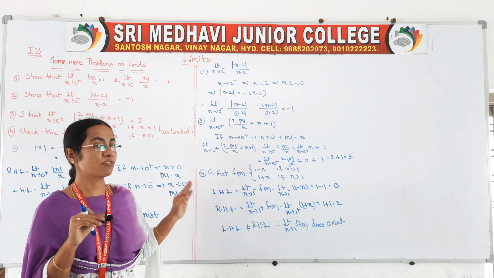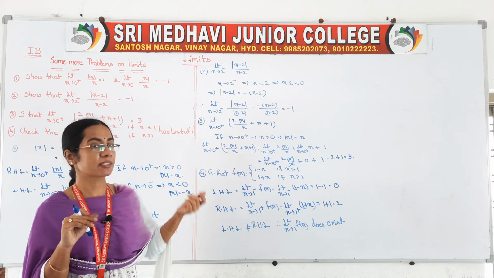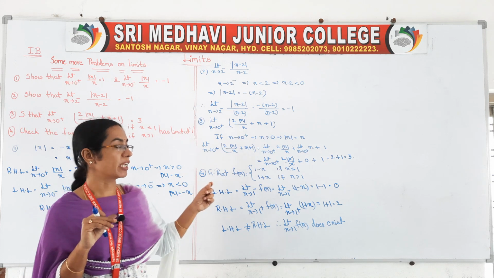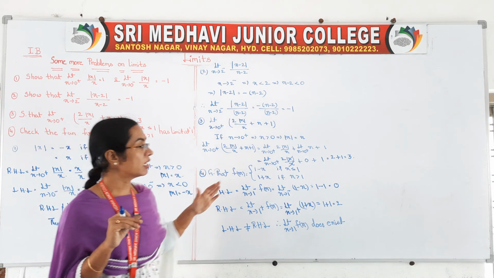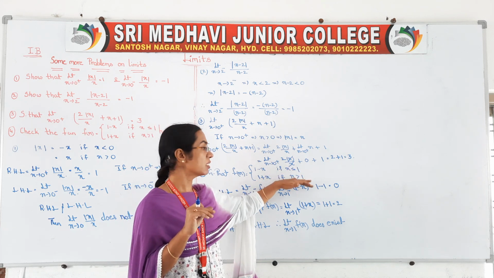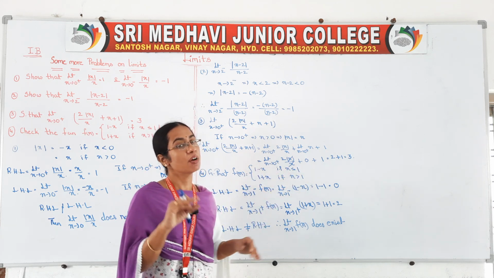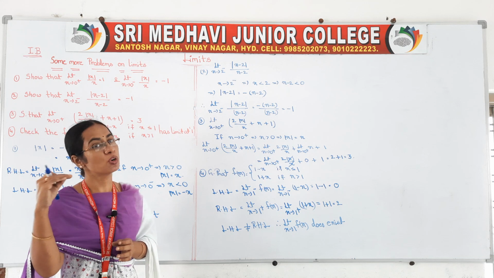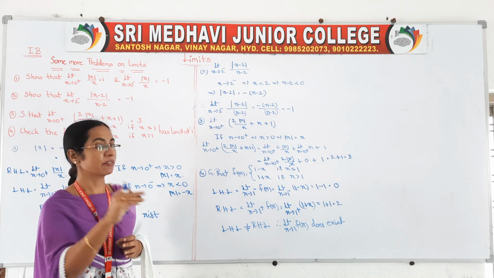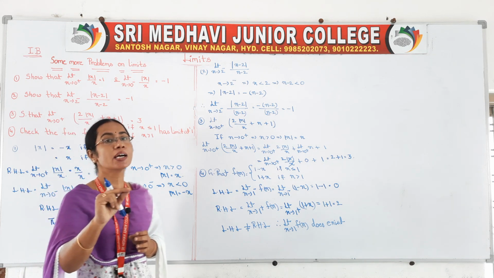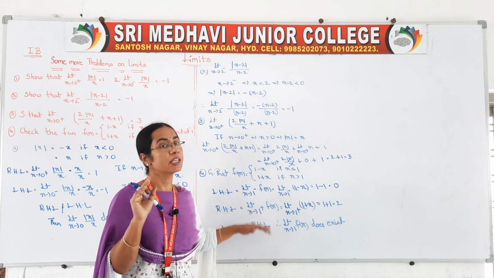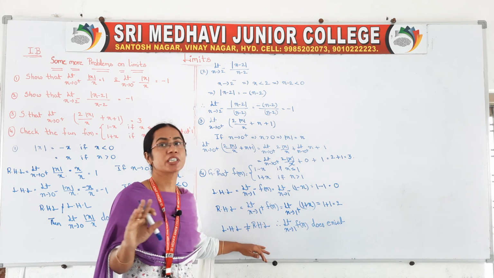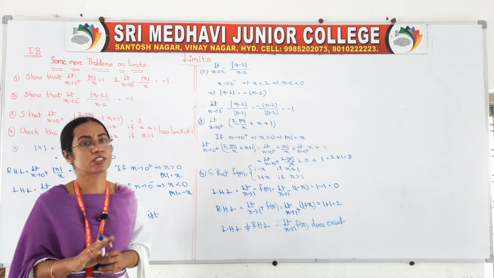Whenever a function is defined like this, at some x less than and at some x value greater than some value, you consider one as the left hand limit, one as the right hand limit. Find out the values. If both are equal, that value will be the limit of that function. If both are not equal, then we can say that the limit does not exist.